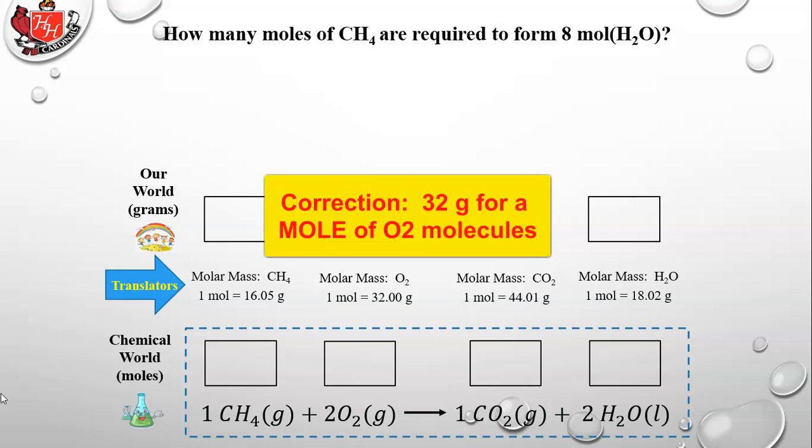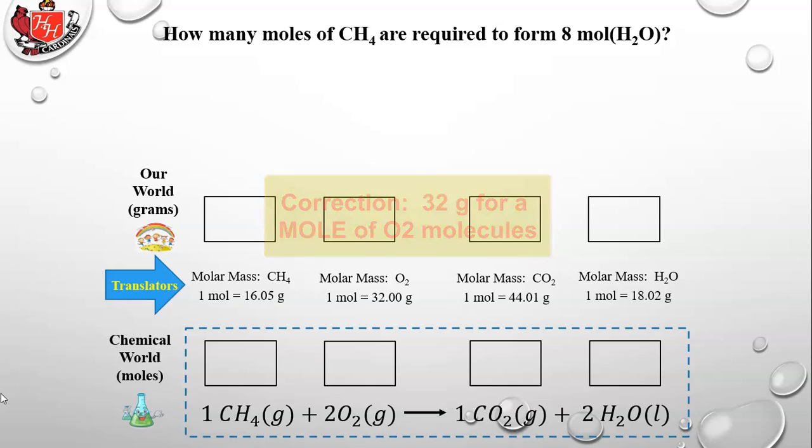Carbon dioxide, again, carbon is 12.01. You get this off your periodic table. Oxygen is 2 times 16 is 32. You add 12.01 and 32, you get 44.01 grams for 1 mole of carbon dioxide. And for water, oxygen is 16, hydrogen is 1.01, you multiply that by 2, and you get a total of 18.02. Okay, so those are going to translate and get us in and out of the chemical equation.